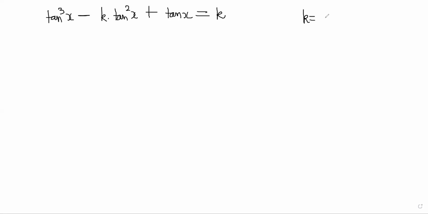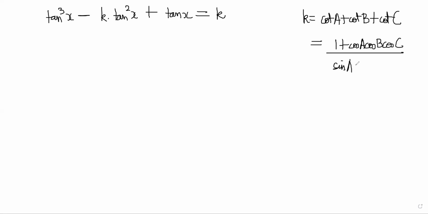Here k is cot A plus cot B plus cot C, and we have just now proved that this is equal to 1 plus cos A cos B cos C by sin A sin B sin C. Correct? So notice how the equation has become so much simpler.